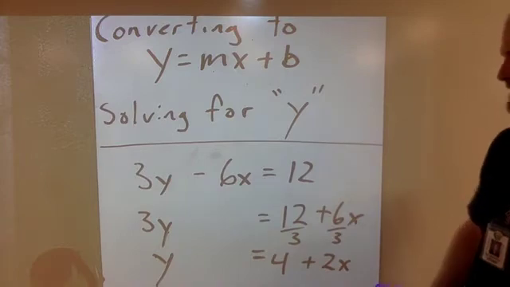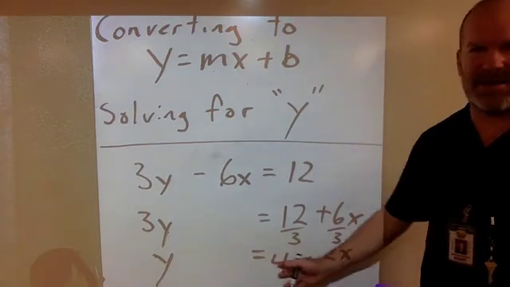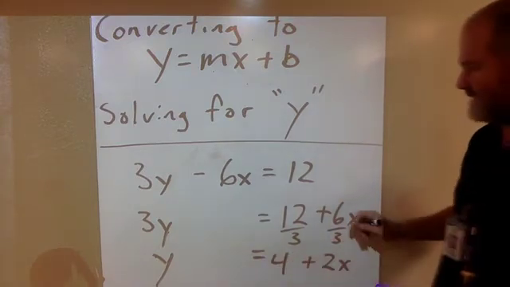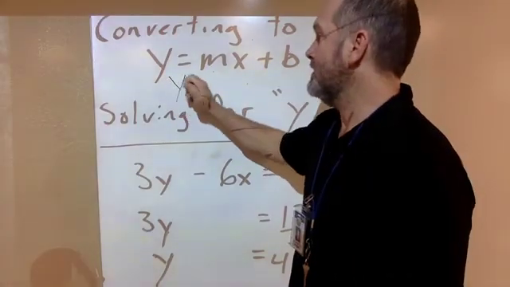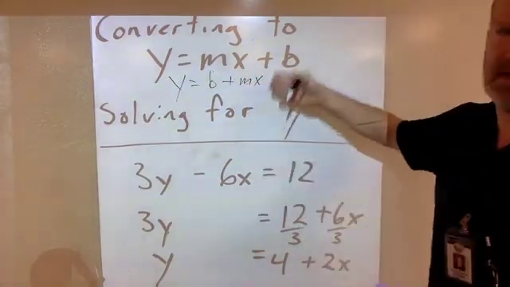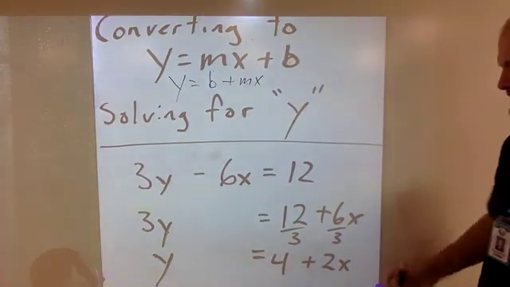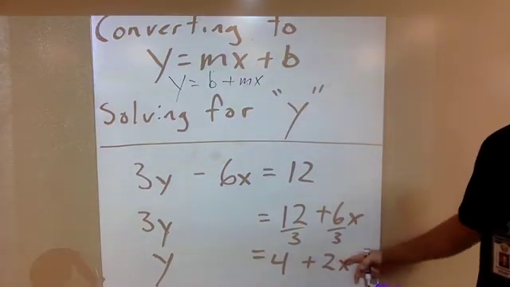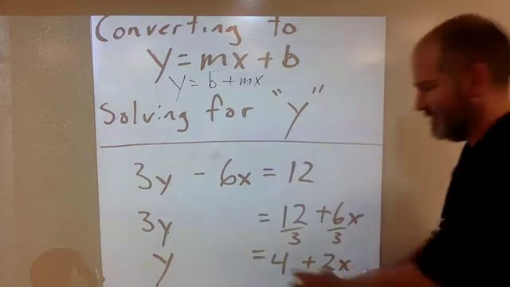plus 2x, which some of you may not like, the fact that it's actually in the form y equals b plus mx, but they mean the exact same thing. It doesn't matter which one comes first. Whatever number is with x, that's m, whether it's here or here.